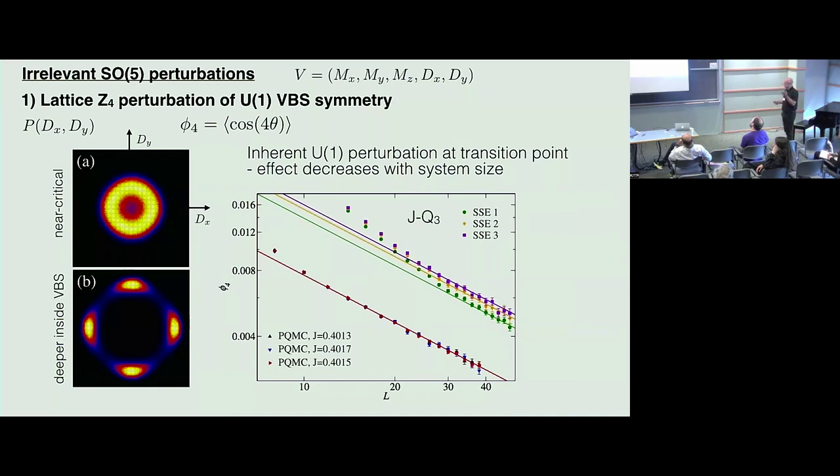So this gives me the opportunity to say a bit more about this method. Normally people extract this kind of scaling dimensions from correlation functions, right? But in this case, we don't have to do that because the perturbation is already in the model. It's not like we take a model with a perfect symmetry and ask what correlation function gives this scaling dimension. We already have a perturbation in the model, so we can use basically what comes from RG. You have a weak perturbation there, and the question is, does the effect grow or shrink as a function of system size, or length scale, in this case system size?